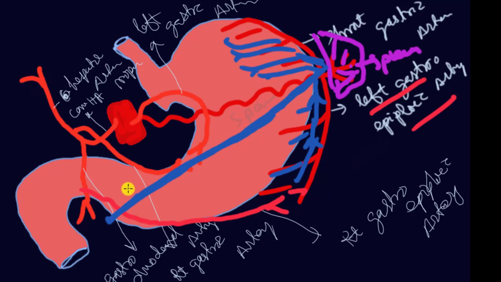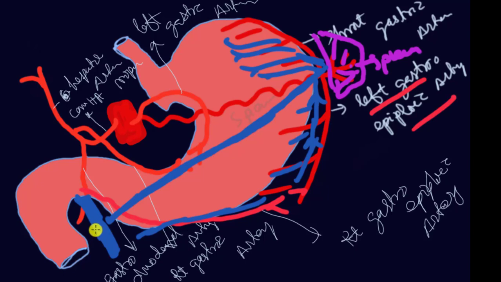Like that, here you will find the right gastroepiploic vein. This right gastroepiploic vein will drain to a great vein, which is known as your superior mesenteric vein.